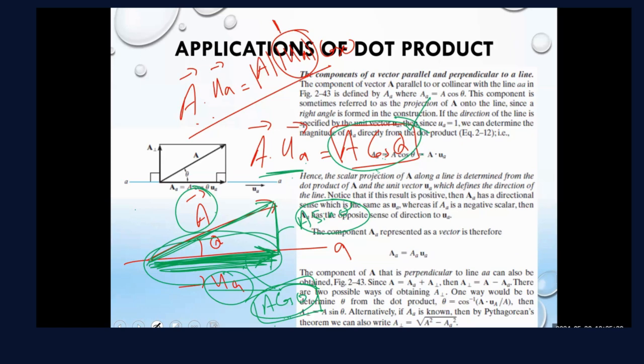If somebody asks you to calculate this projection, you need to know only the unit vector, and then you can indirectly calculate this magnitude. Once you know this, we generally say that this is the component of a vector.